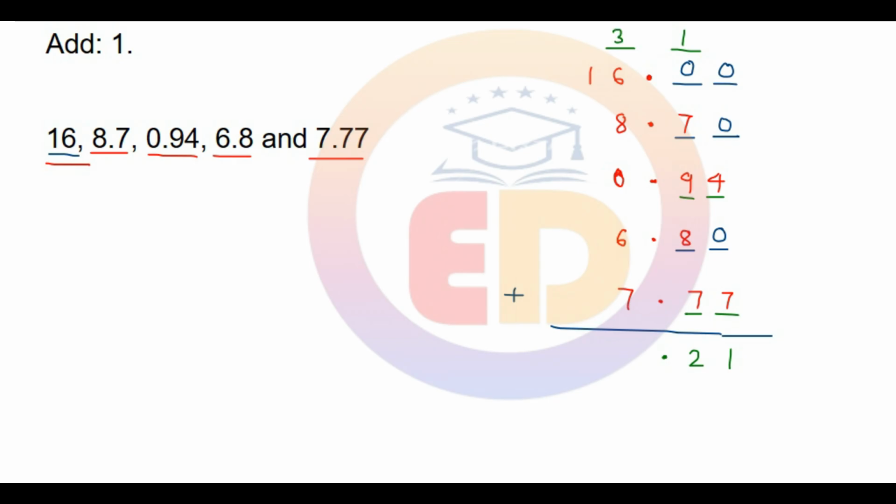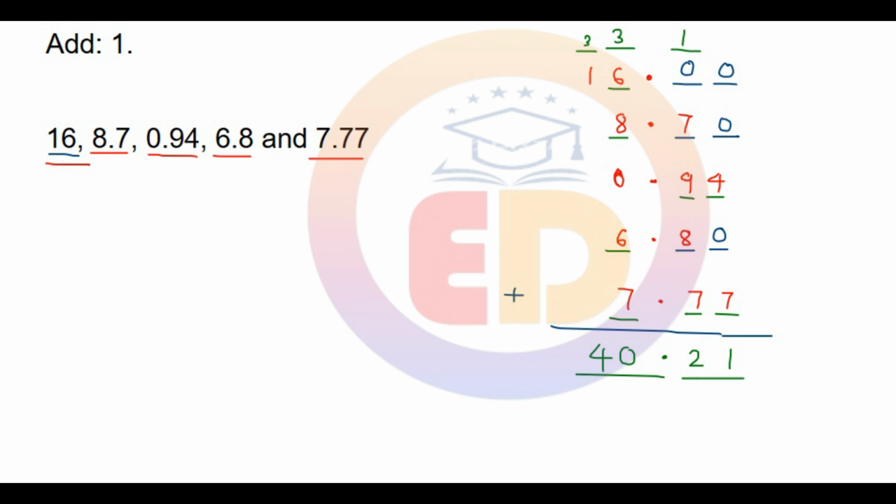So while adding, the decimal point also should take its respective place. 3 is carried over, 3 plus 6 is 9, 9 plus 8 is 17, 17 plus 6 is 23, 23 plus 7 is 30, 0 I will write down, 3 I will carry, 3 plus 1 gives me 4. On adding, the final answer is 40.21. That is our final answer.